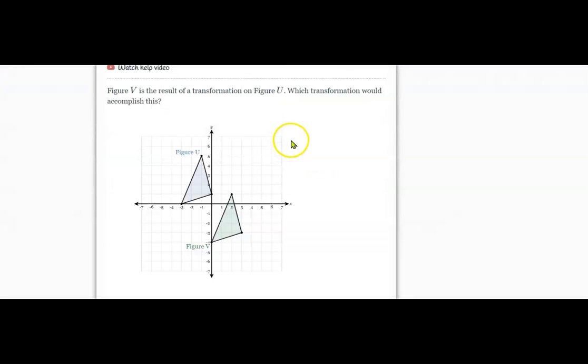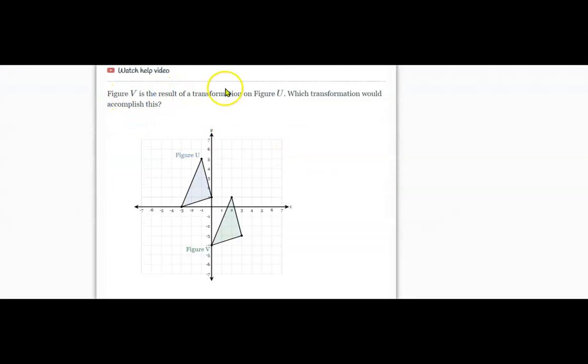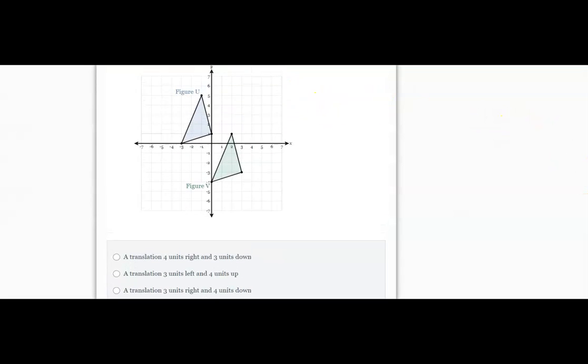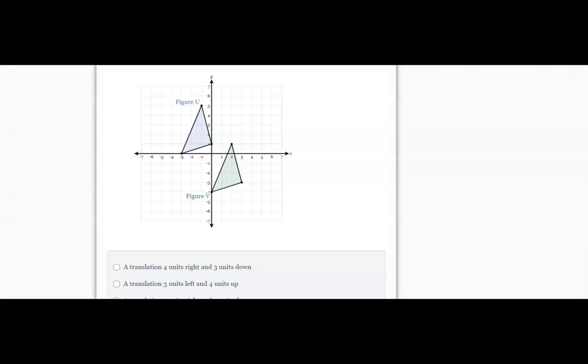Let's try this again. V is the result of transformation of U. So V is the end, this is the beginning. How do you get from shape 1 to shape 2? So it looks like it's facing the same direction, so that's a translation. And it went to the right, and then it went down.